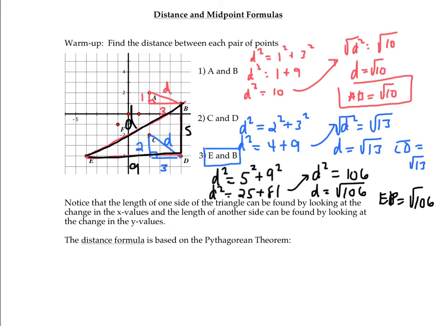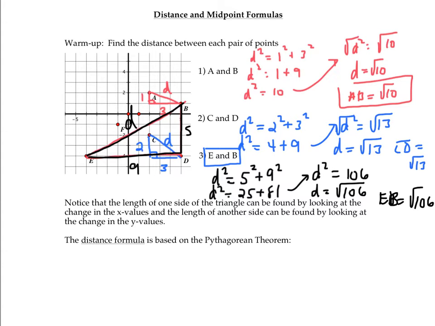Now you can imagine as our segments get longer and longer, our triangles will get bigger and bigger, and it will become a little bit cumbersome to try to do the Pythagorean theorem in every case. So if you notice, the length of one side of the triangle can be found by looking at the change in the x values, and the length of another side can be found by looking at the change in the y values.